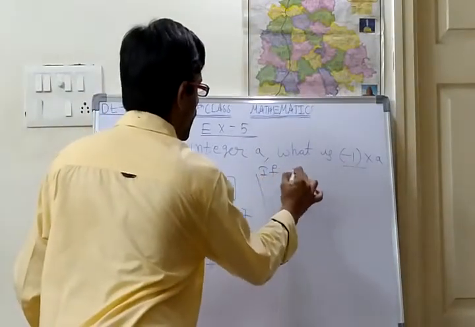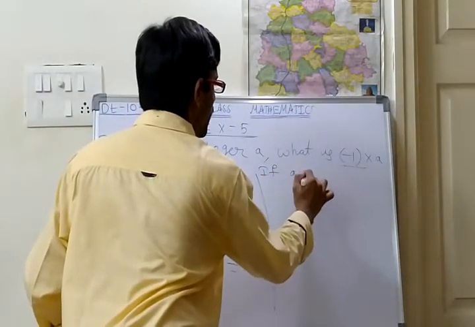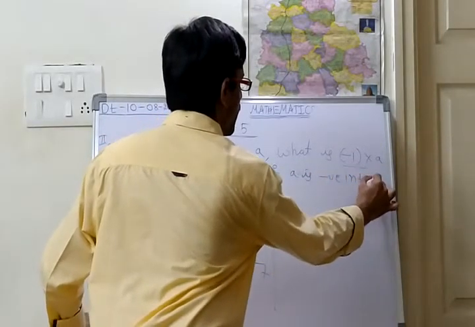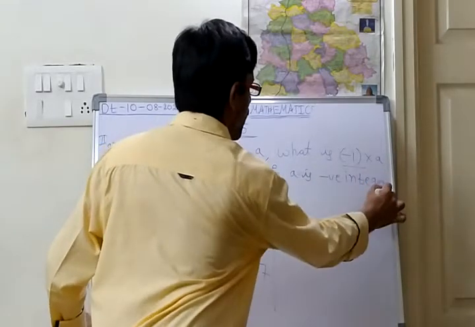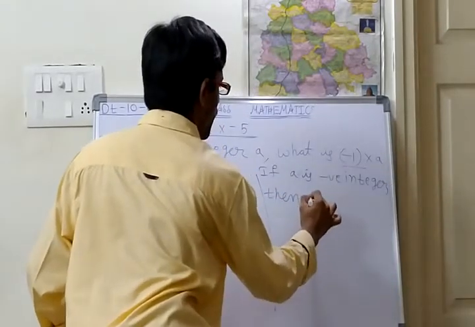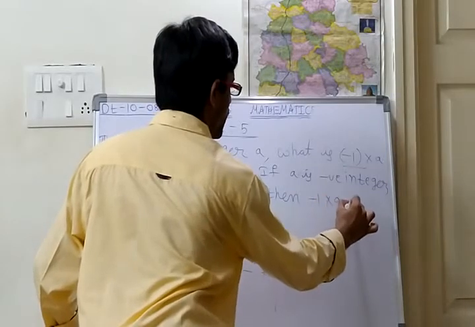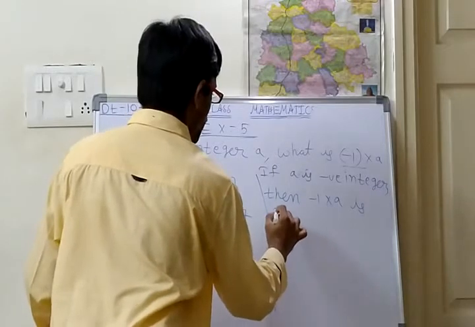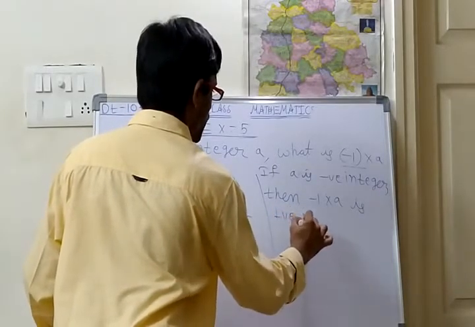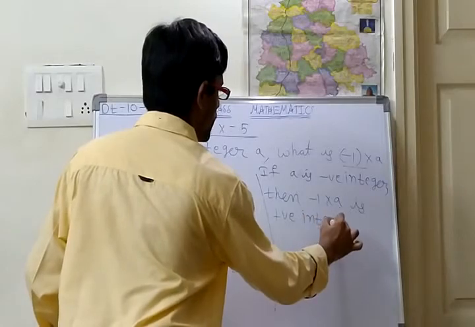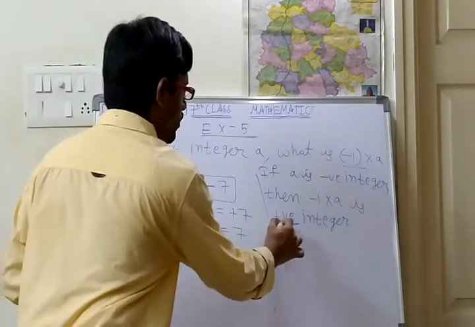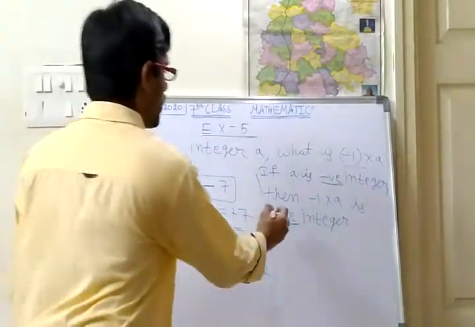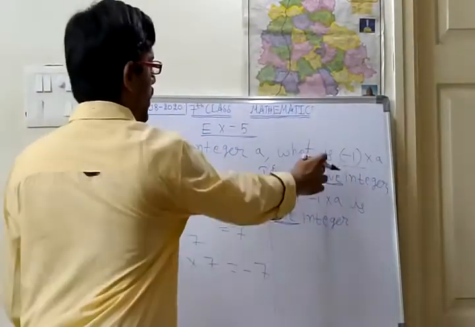So if a is a negative integer, then minus 1 into a is a positive integer. Okay, so the symbol of this one is positive, the symbol of this one is negative.